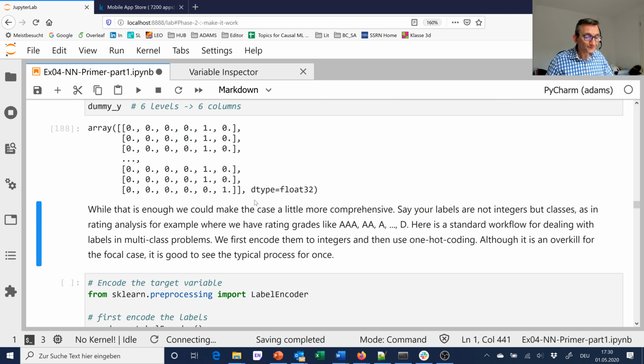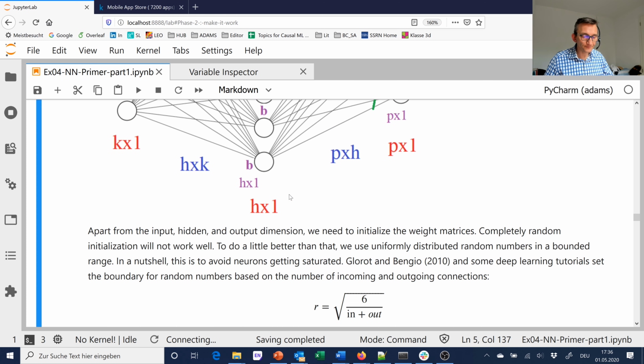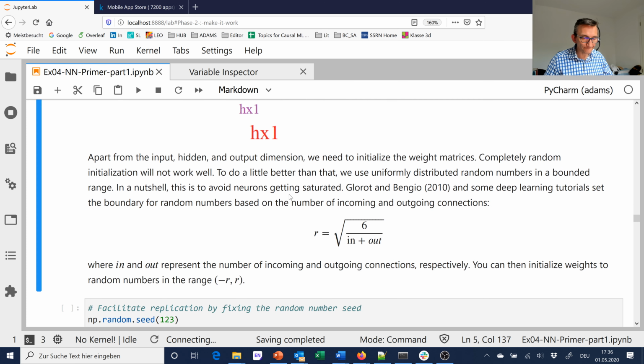And this dimensionality is important, and this is what I want to focus on when we now try and configure our neural network. To that end, we need weight matrices and biases. And these weight matrices, before we train them, we need to initialize them somehow. You could do that entirely randomly.